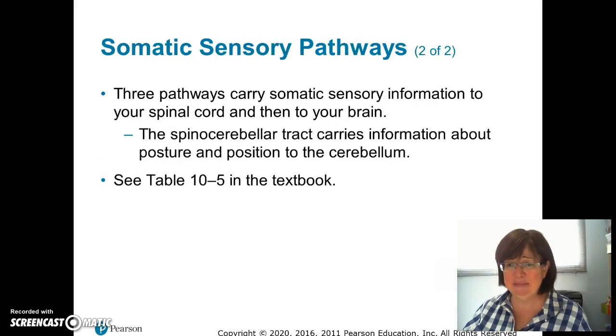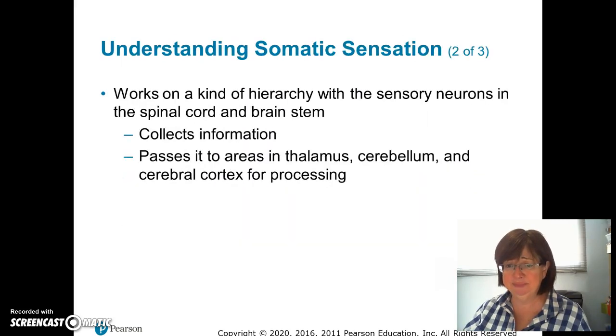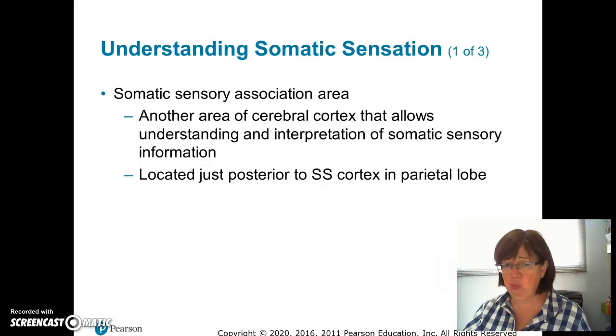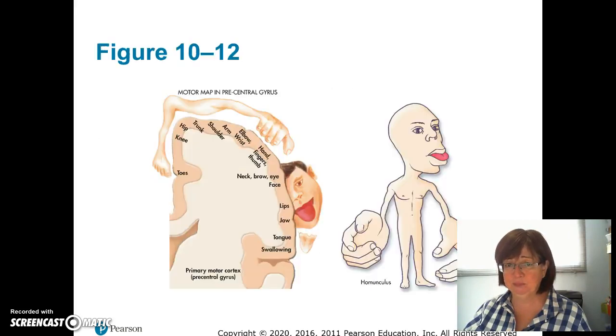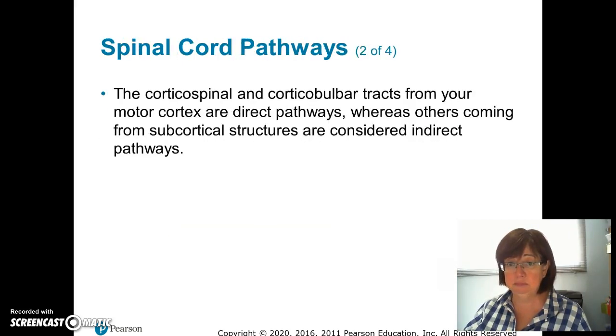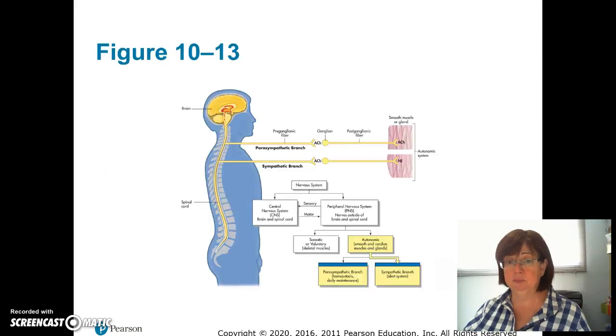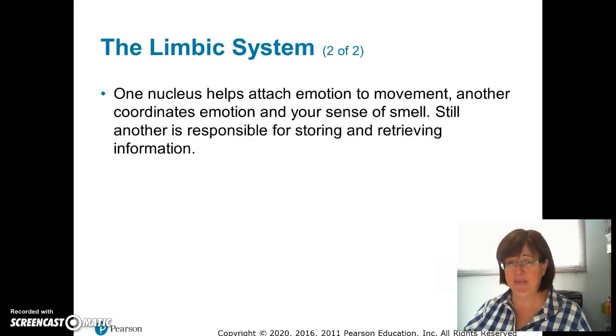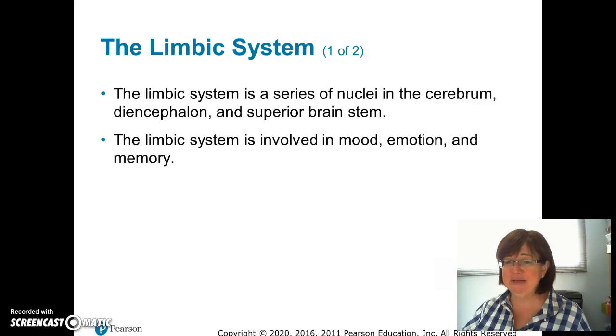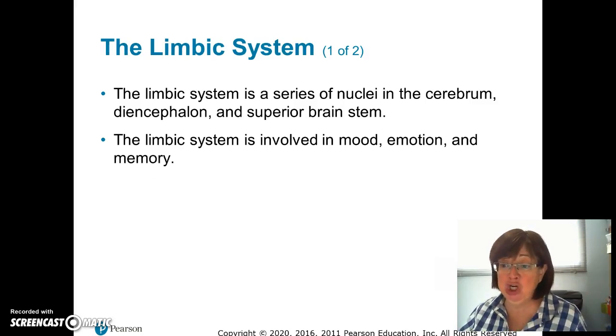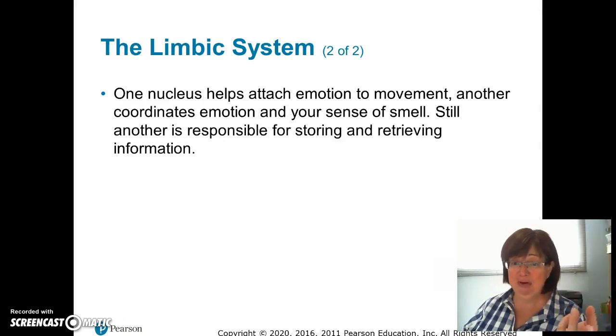The limbic system is something else I want to go to. Then we'll come back to the autonomic nervous system. The limbic system is seen as an emotional, mood, and memory part, and that's mainly what it does.